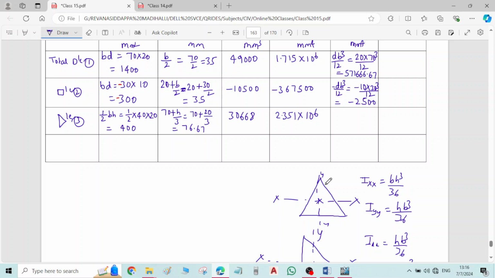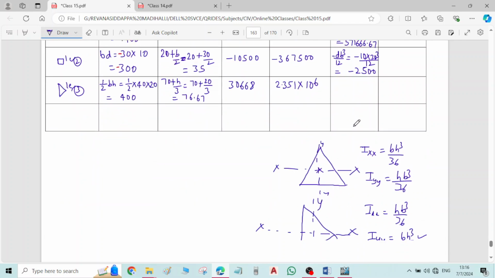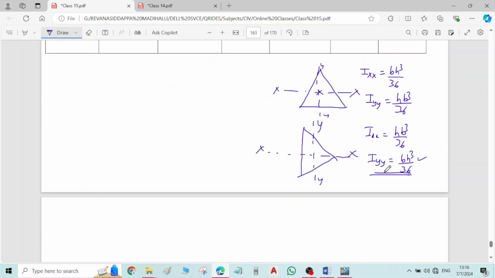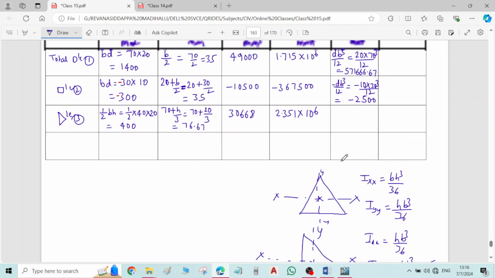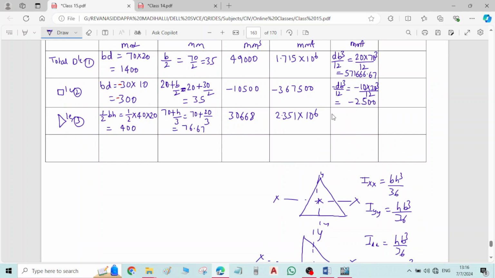So here I'll take the formula as bh cube by 36, since we are finding Ig. Depending upon the alignment of the component, we have to apply the formula.